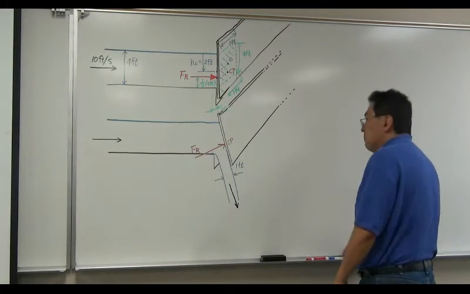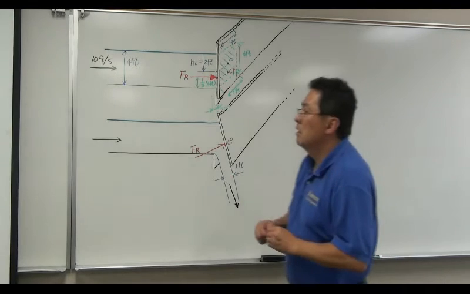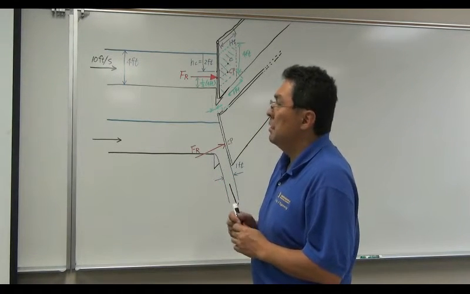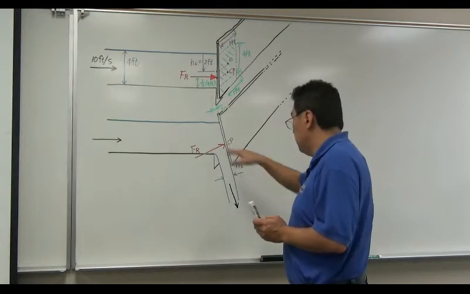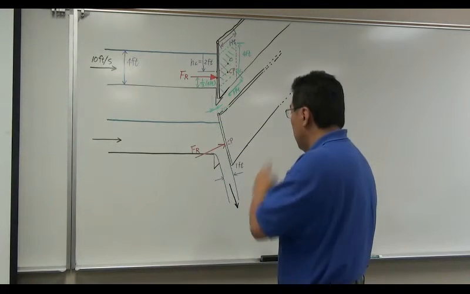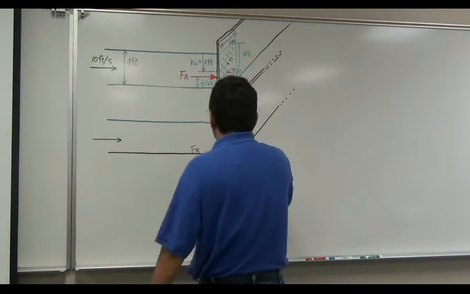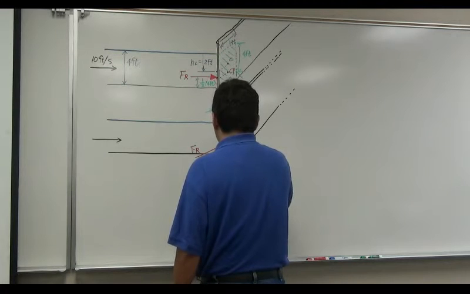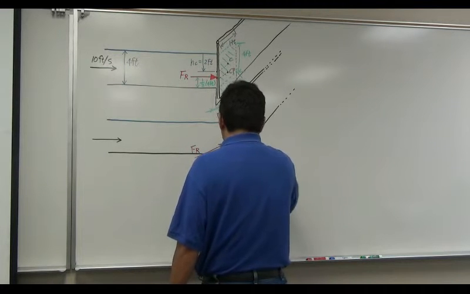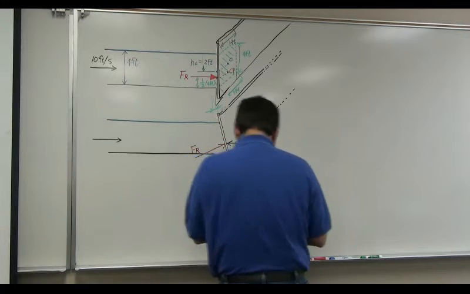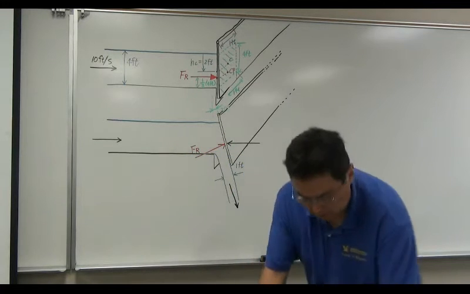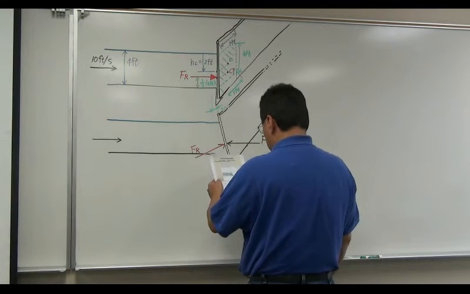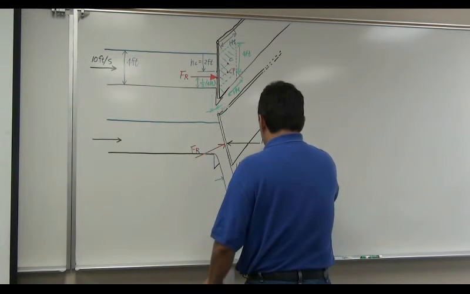Okay? So, the problem is asking you, what is the horizontal force per unit width required to hold this plate in place? Okay. So obviously you are going to find out horizontal force, which is anchoring force. Let's call this anchoring force FAX.